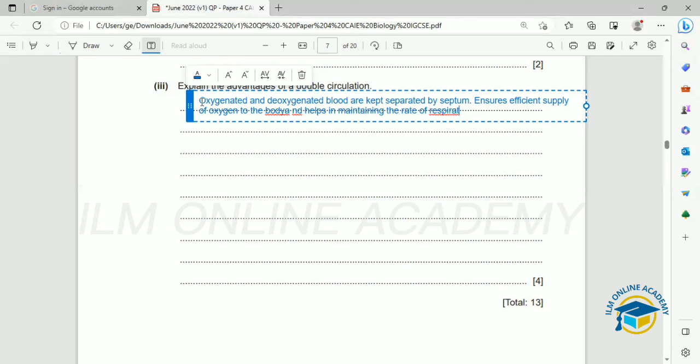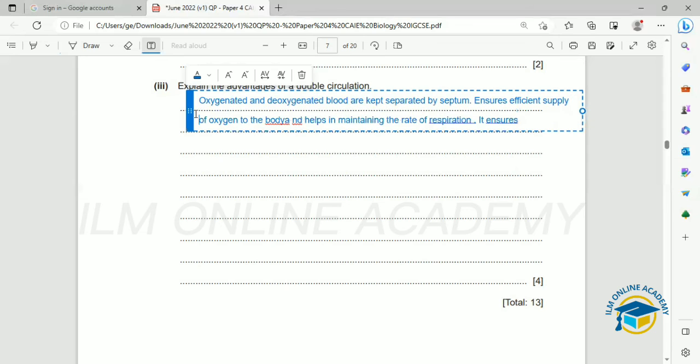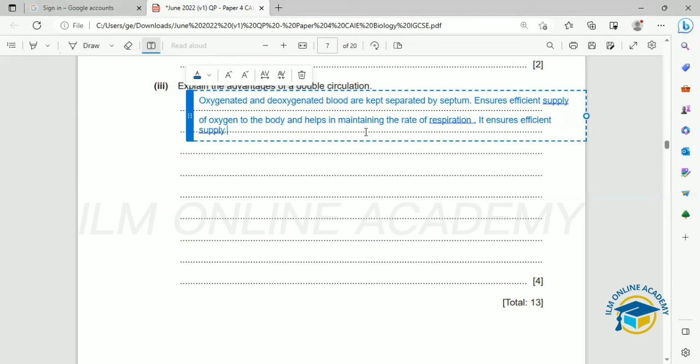It also ensures efficient supply of nutrients. So you can write it as efficient supply of oxygen and nutrients in order to make it smaller.